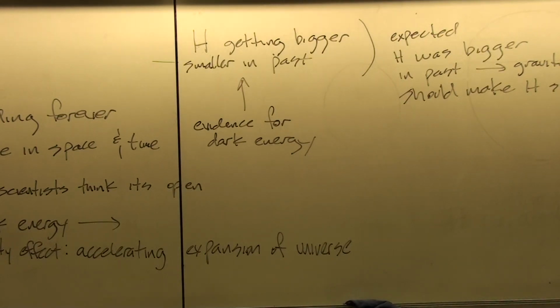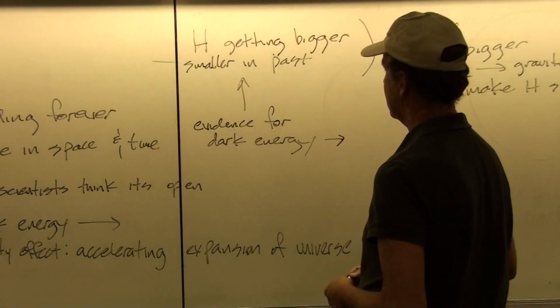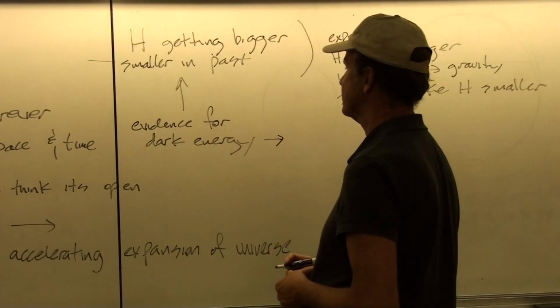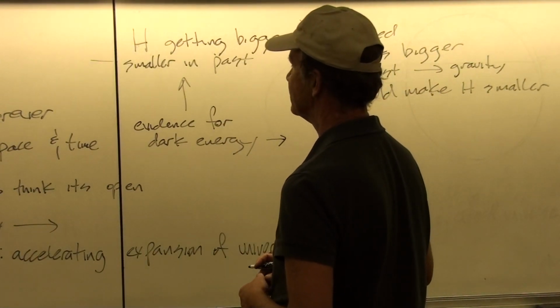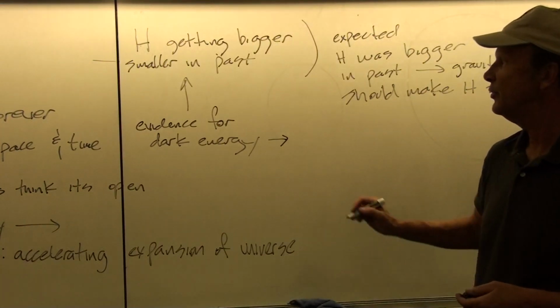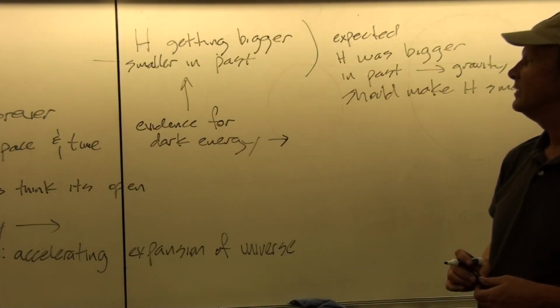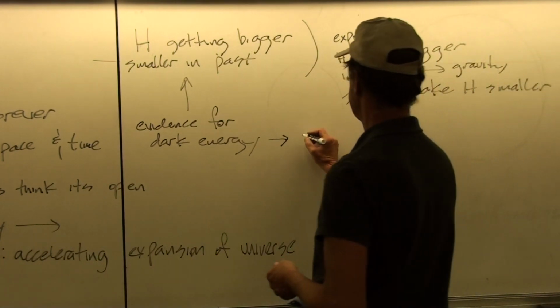And so it's thought that this dark energy started to make its presence known in terms of observational evidence about 5 billion years ago. So that's the point at which the Hubble constant started getting bigger.